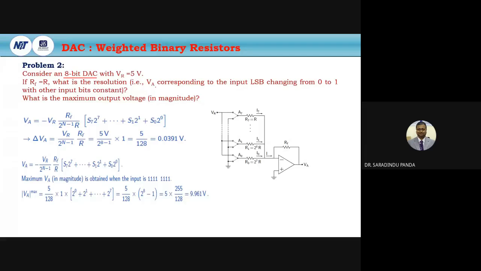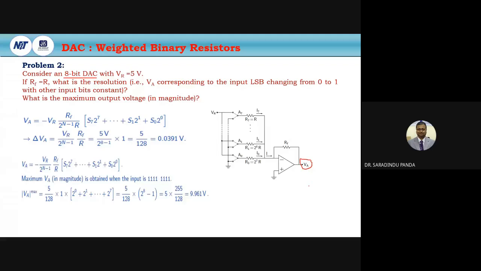Resolution means VA corresponding to the input LSB changing from 0 to 1 with other input bits constant. So now VA is equal to, from the formula, this is the VA, output voltage.